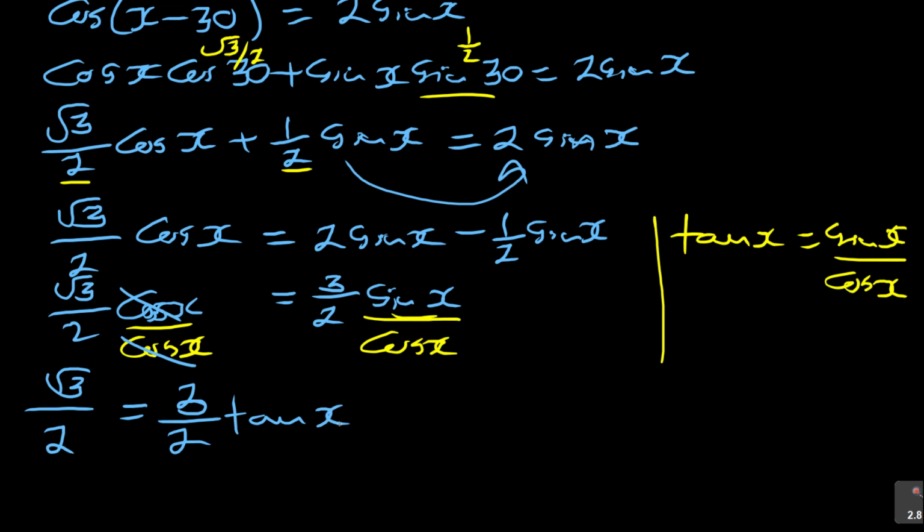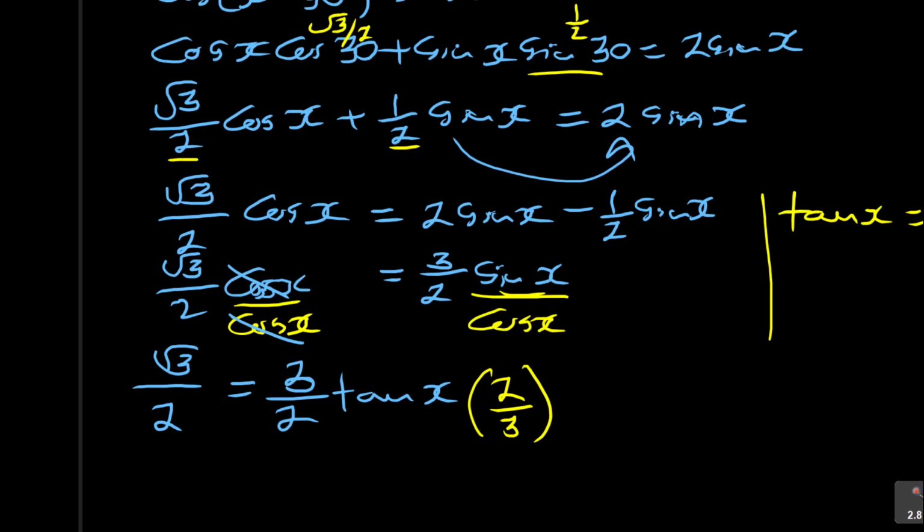Then I can now simplify. Multiply this by the inverse of that, which is 2 over 3. What I do on the left, I do on the right. Multiply this by 2 over 3. Why? The 3 goes and the 2 goes. You just do the opposite.